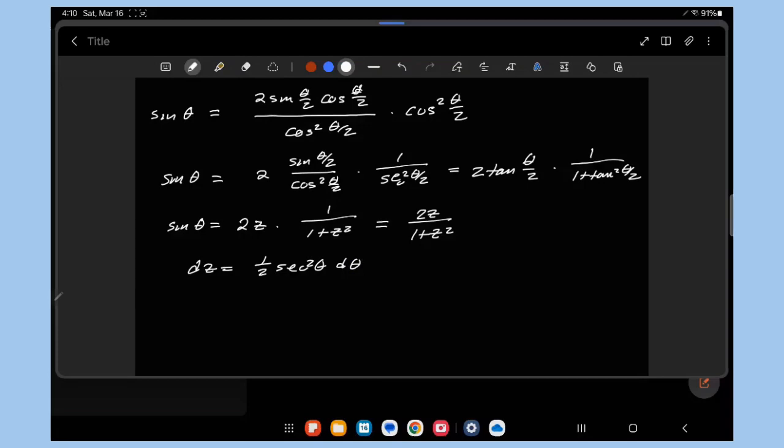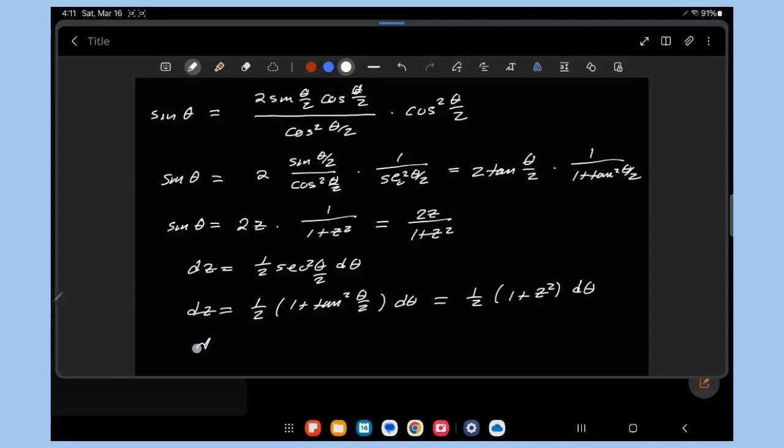Okay? And if we look at this for a minute, we can rewrite this as dz equals 1/2 times 1 plus tangent squared of theta over 2 times d theta, and this is 1/2 1 plus z squared times d theta, remembering that we're making the substitution z equals tangent of theta over 2.